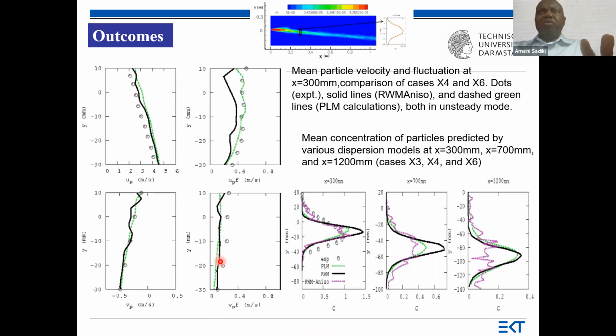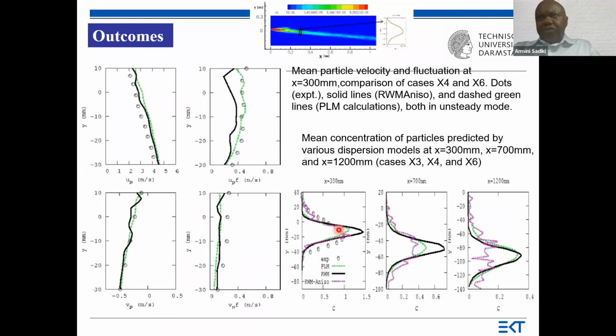We have tried to capture correctly the mean value of the velocity of the particle, and we see that we could get it very well with our random walk model. And here the Langevin model could provide the correct prediction, but it is costly. That is why we have tried to compare with this model here, the anisotropic model.